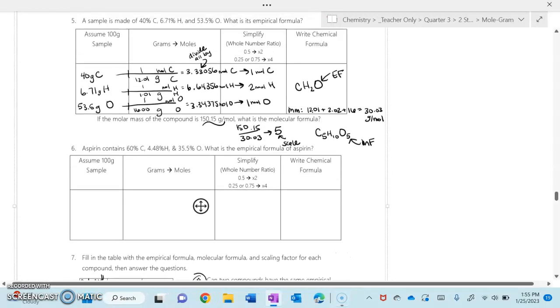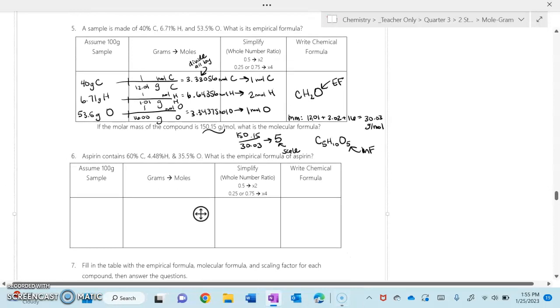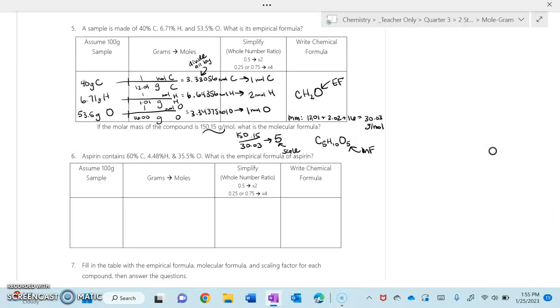If in working through your simplifying section, you get numbers that are not safe to round, meaning they're like 0.5, 0.25, 0.75, even 0.33 or 0.66, there's a little help there too. You can multiply all of the numbers by what's written here to get them to be a whole number.